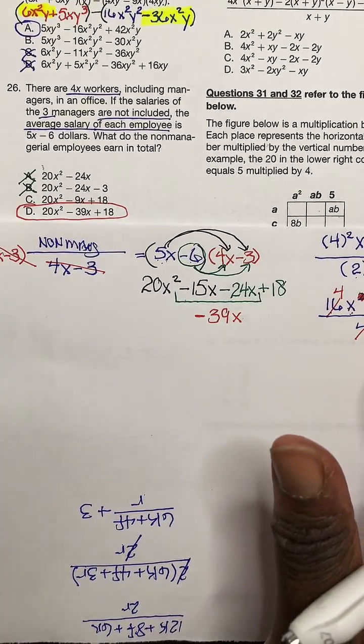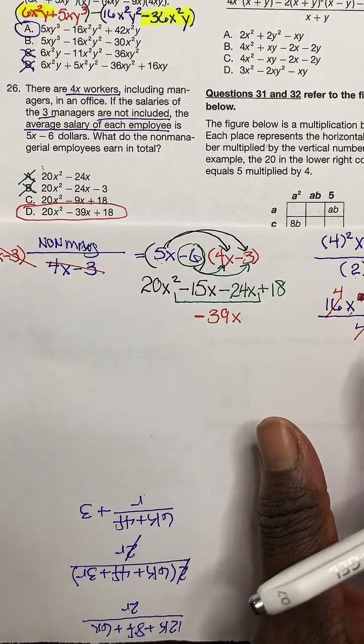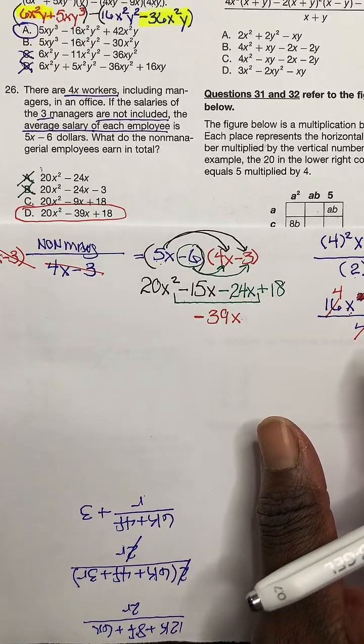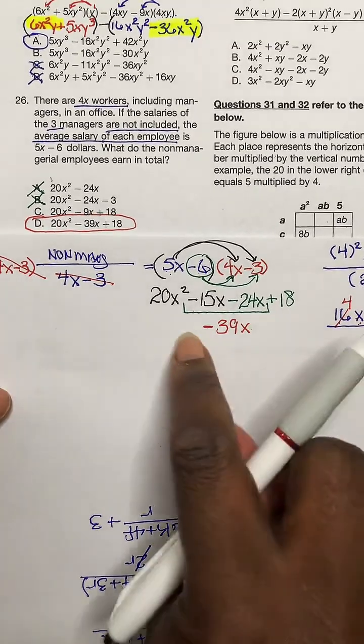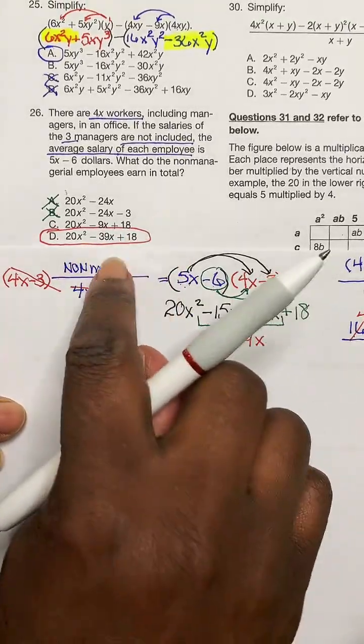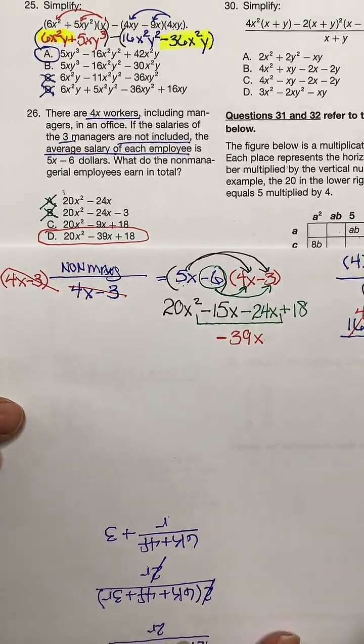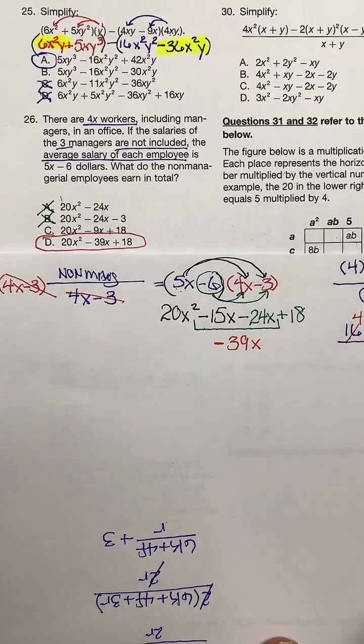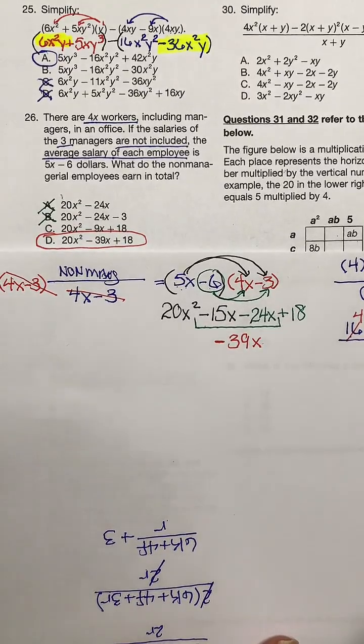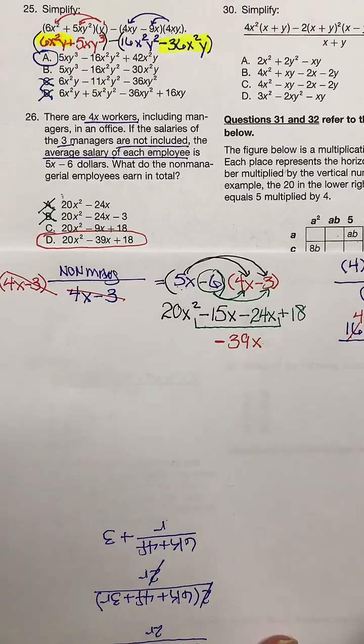At least you'll get something out of it. But when it comes to these standardized tests, you don't get partial credit. It's either you know it or you don't. But once you see your answer, circle it, click it, boom, just move on. You'll save so much time because if you've taken this test before, you know the first thing that always happens, people feel that they run out of time.